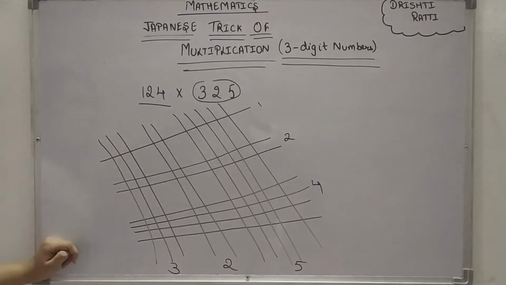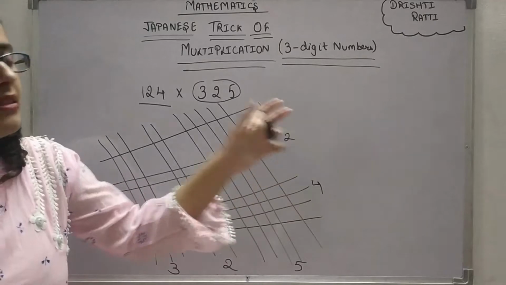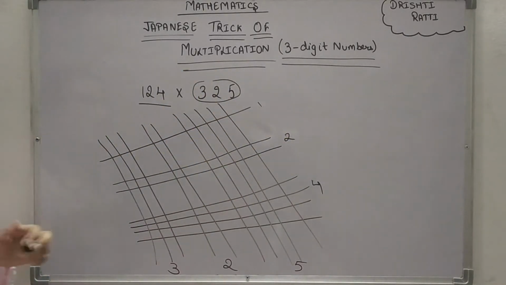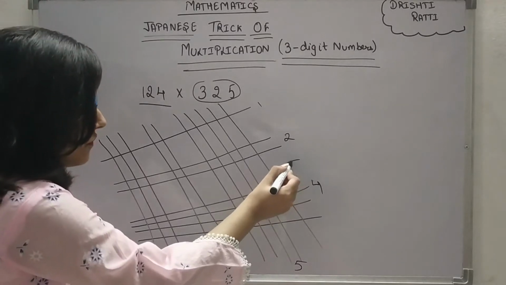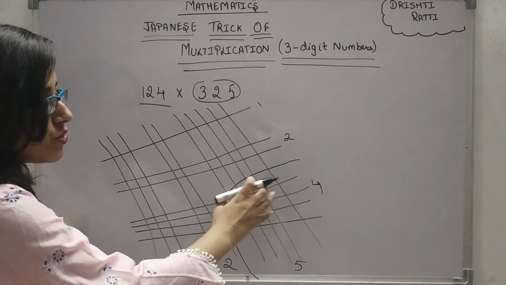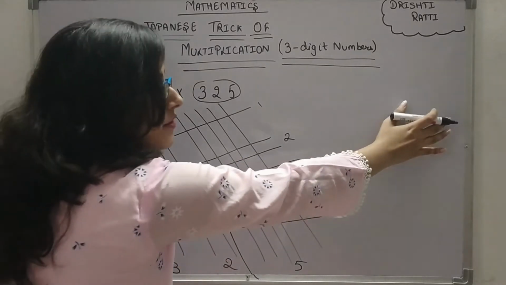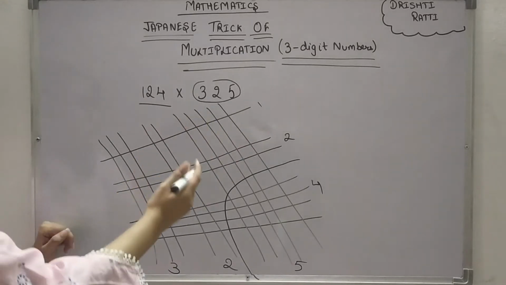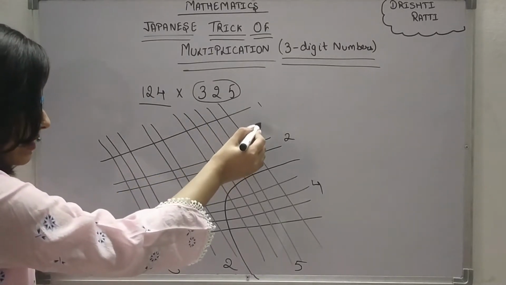So to write the direct answer of this multiplication, what we have to do is, first of all, start making like this. We have to count all those intersecting points and write it over here. Then, just in front of that, we have to write it like this.